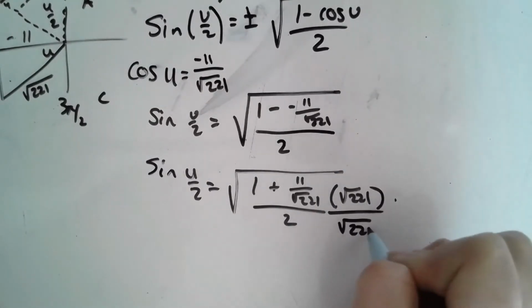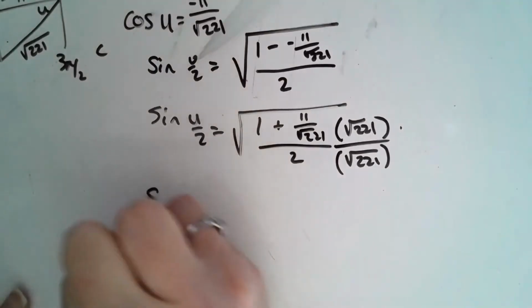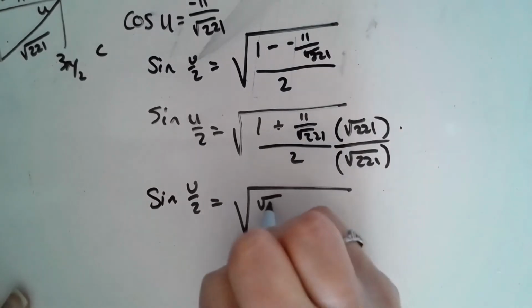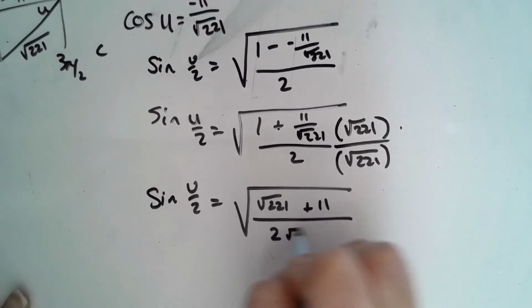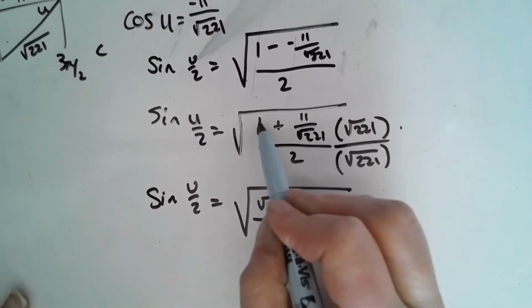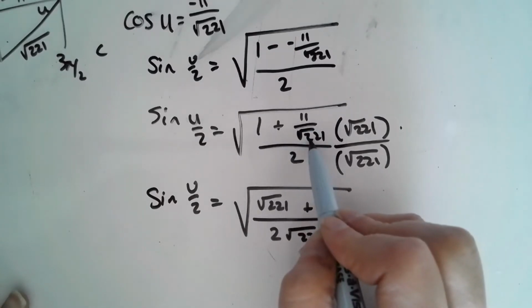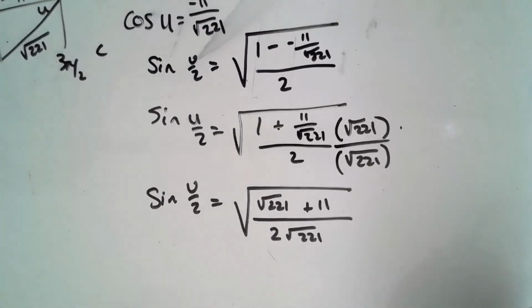That is going to take care of the keep, change, flip and common denominator. So sine of u halves equals the square root of square root 221 plus 11 over 2 square root 221. We did 1 times square root 221, and then 11 over square root 221 times square root 221 leaves us just with 11, and then same with the bottom.